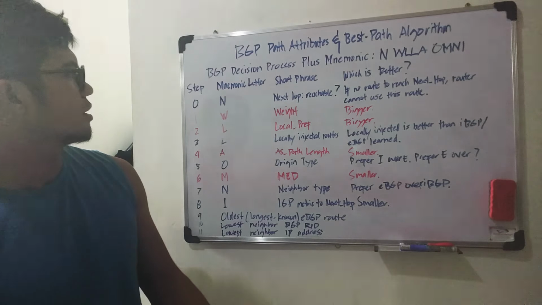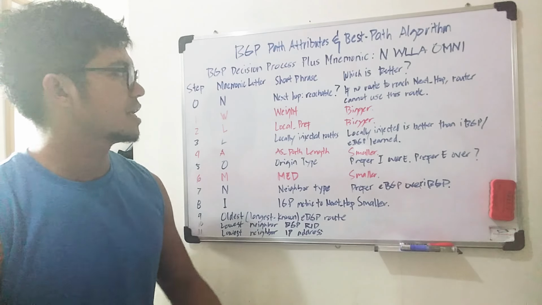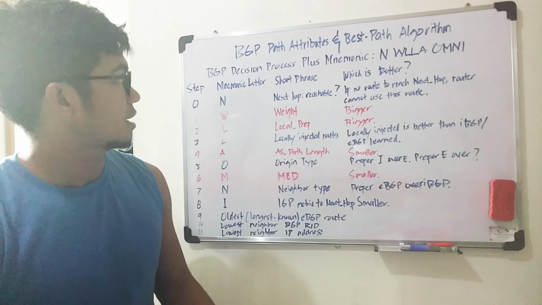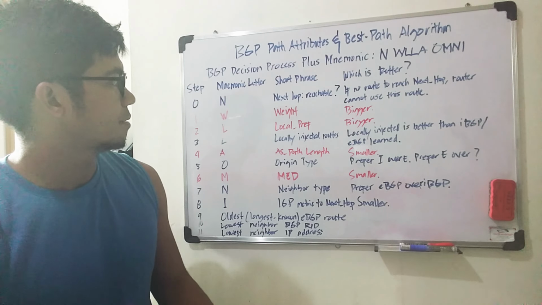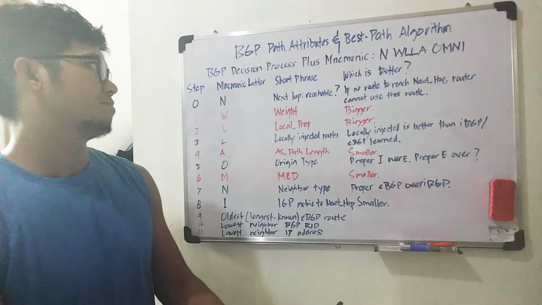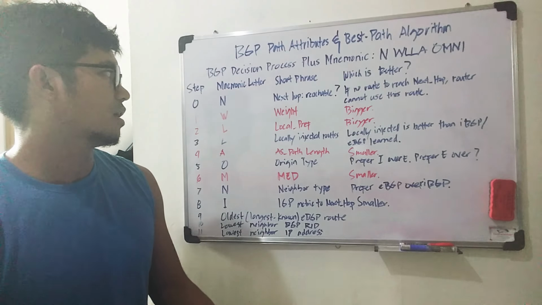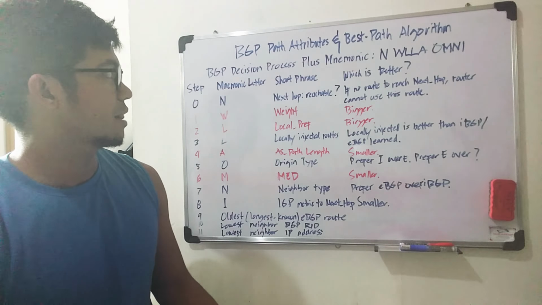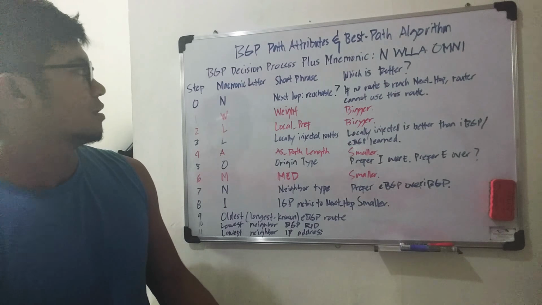And step one is weight. Weight is not technically a BGP path attribute, but you can use it as one. It is a Cisco proprietary BGP path attribute, or BGP PA.